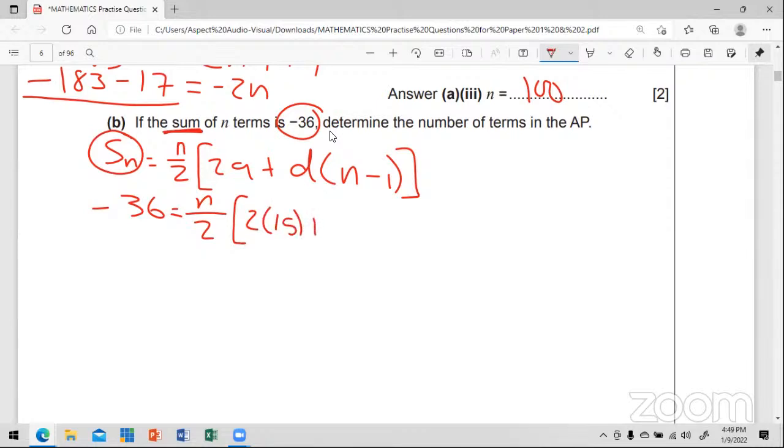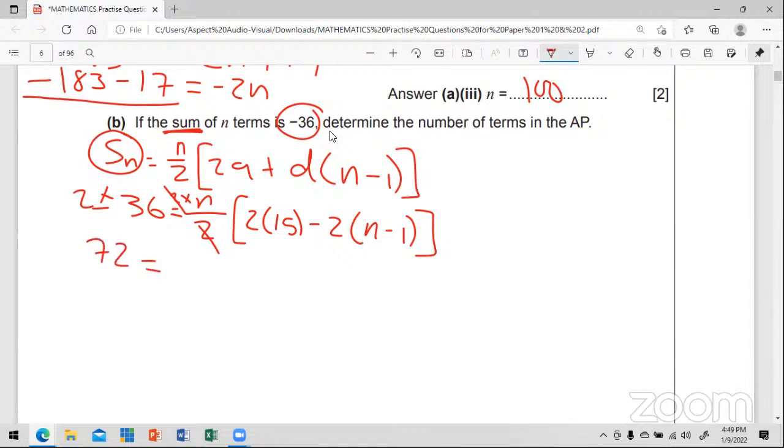Plus, let me just say minus because the common difference is -2, right? So -2 times n minus 1. Okay. So what can I do? I'll multiply this by 2 so that this cancels out, and again on this side by 2, isn't it? Yes. So here I'll basically have 72, right?